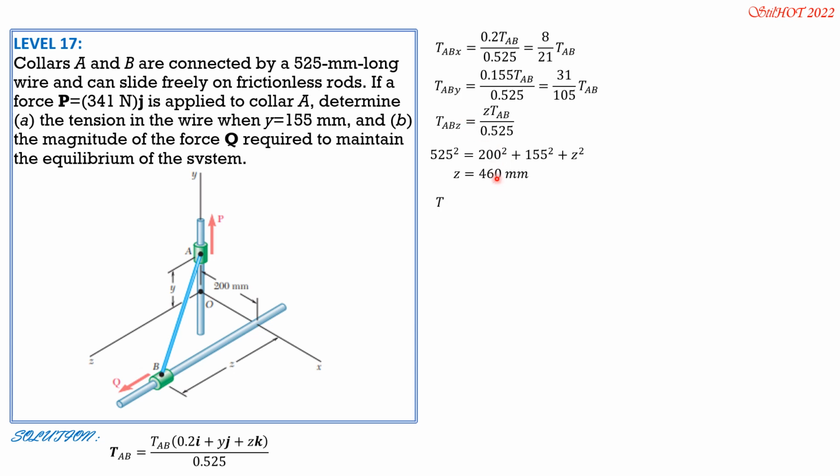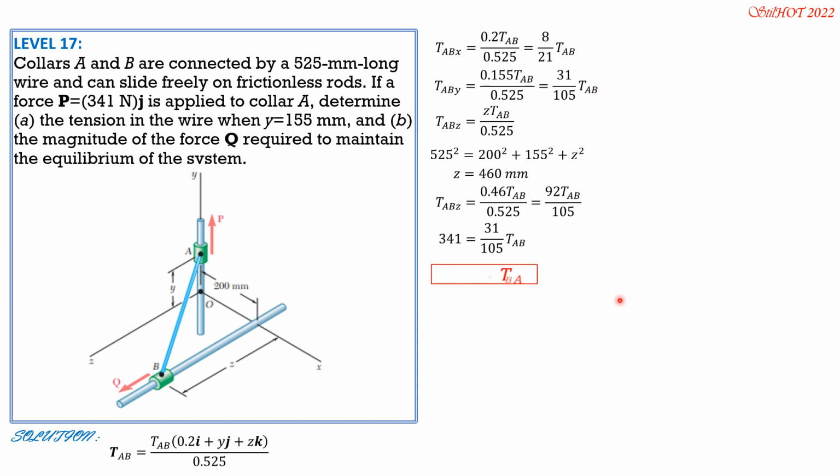So substitute here, the Z component of tension is 0.46 over 0.525 of tension AB, and that is 92 over 105 tension AB. So since the Y component is known, 31 over 105 tension AB is 341. So we can now solve tension in AB.